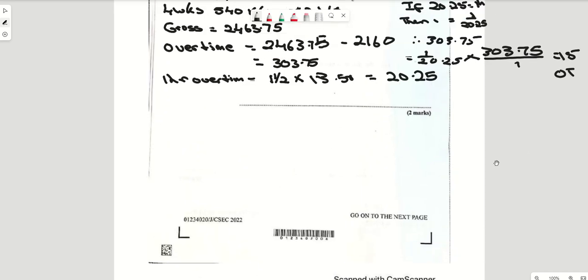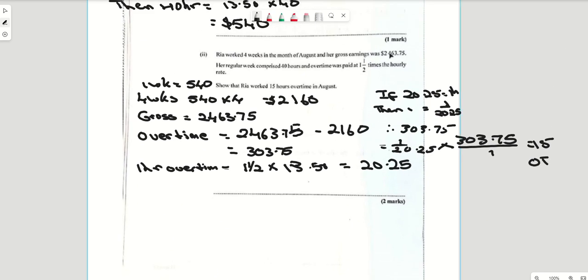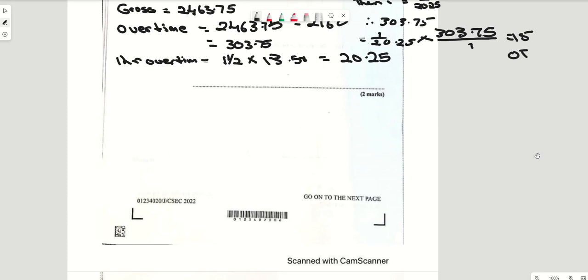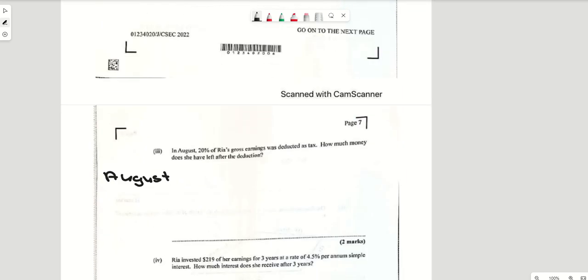She received $2,463.75. So this is my original, which is 100%.